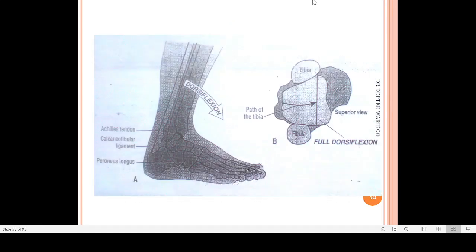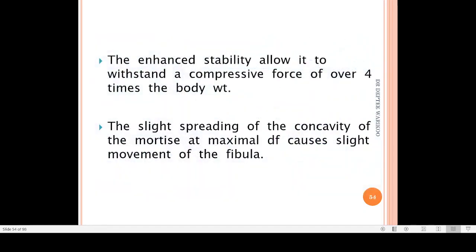Here you could see this is what happens while you are doing a standing dorsiflexion. It wedges over the anterior part, which is slightly bigger, so you have good stability. The enhanced stability allows it to withstand a compressive force of over 4 times the body weight.